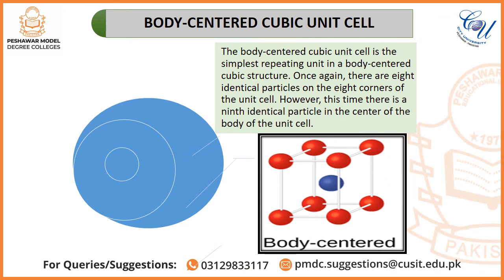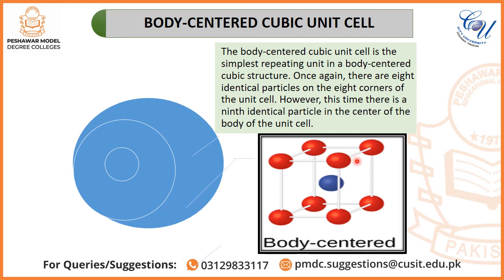The next one is the body-centered cubic unit cell. The body-centered unit cell is the simplest repeating unit in the body-centered cubic structure. Once again, there are 8 identical particles on the 8 corners of the unit cell.